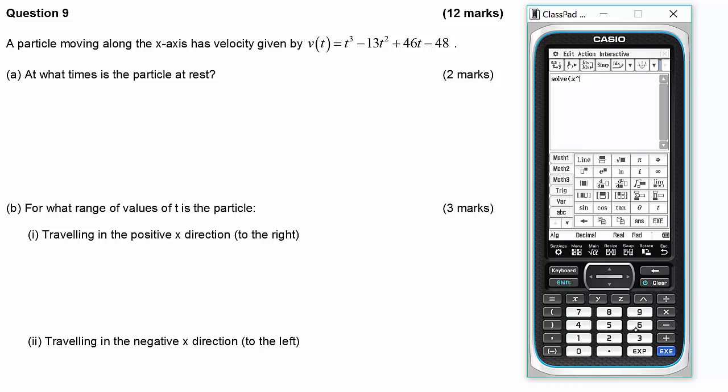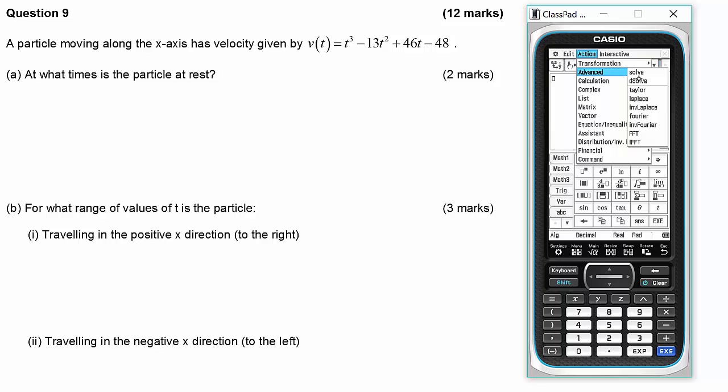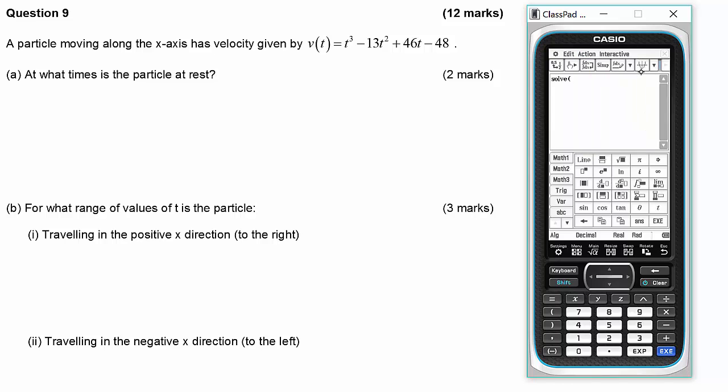So we've got x cubed minus 13x squared, add 46x, take away 48 is equal to 0.